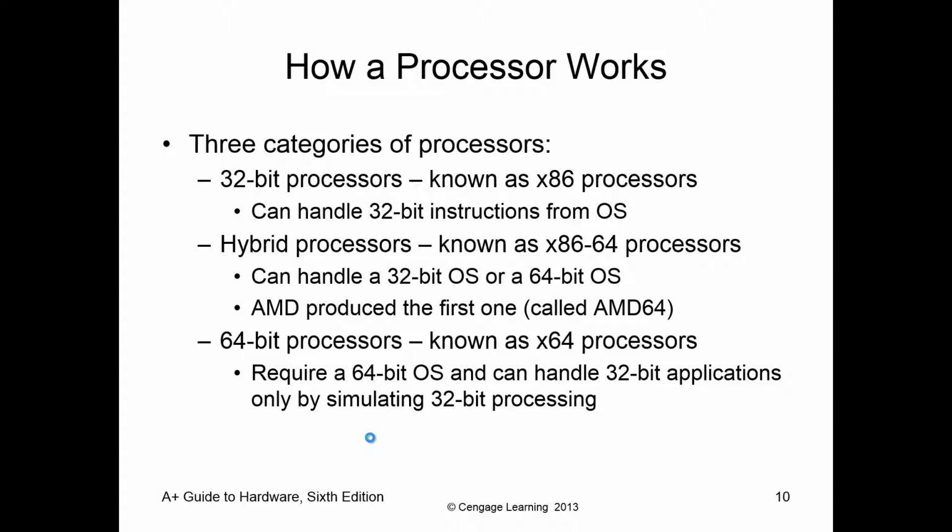As we talk about our processors, normally we refer to them as either 32 or 64. There's this hybrid, but again, as long as it's a 64-bit, it can handle 32 or 64. The 32 can't handle 64, but the hybrid is kind of what a 64-bit processor typically is.